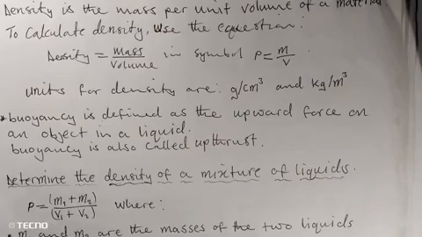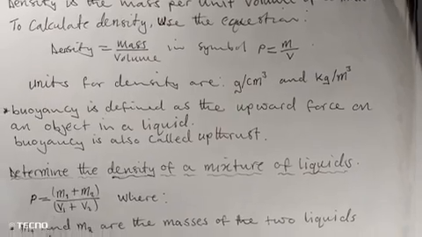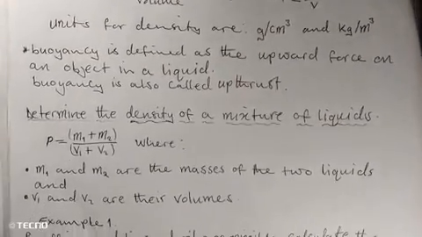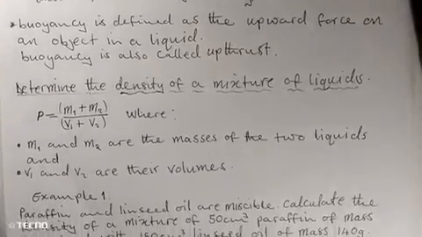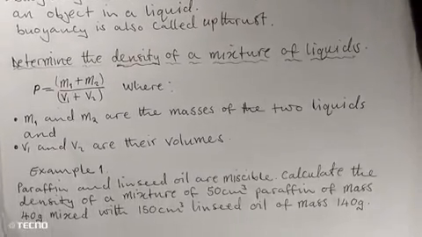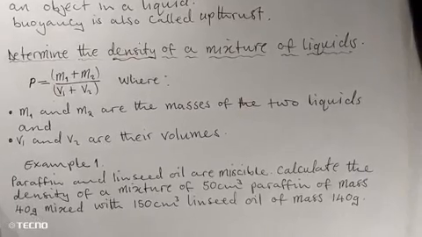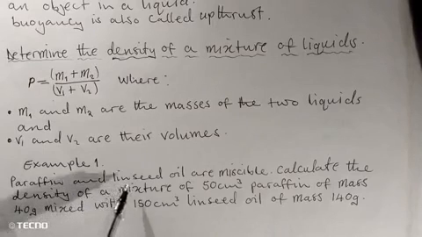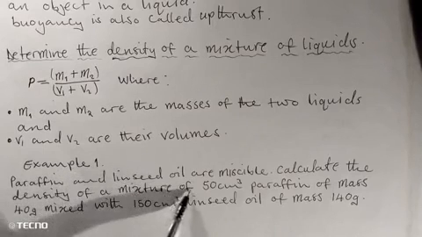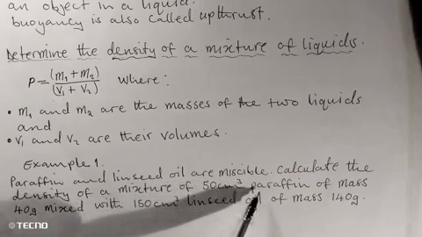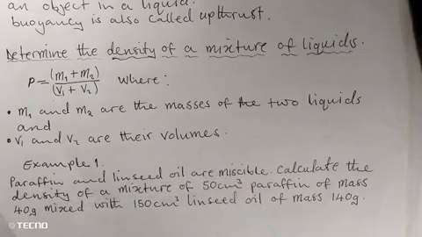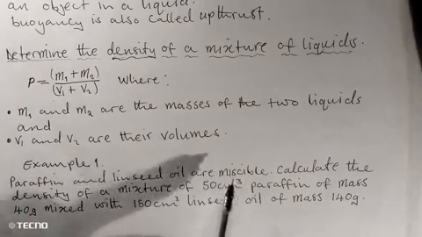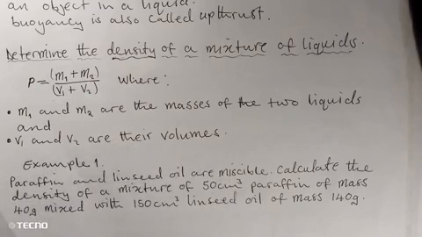So let's consider this example on a mixture of liquids. Paraffin and linseed oil are miscible. Miscible means these two are mixed and form a uniform solution.